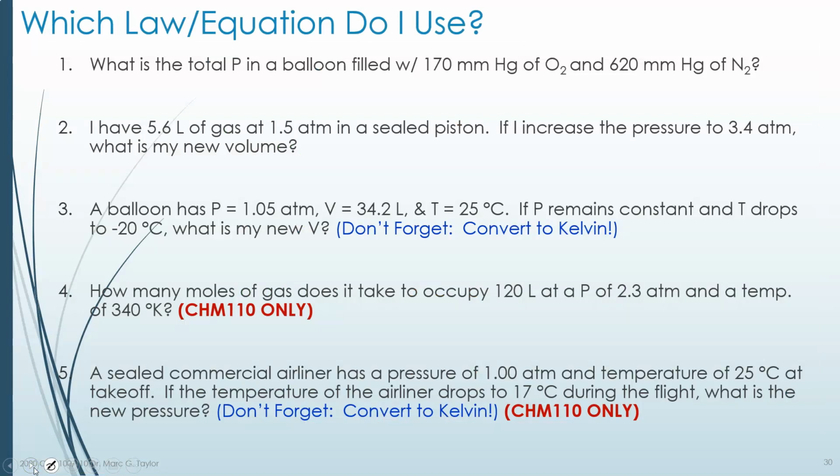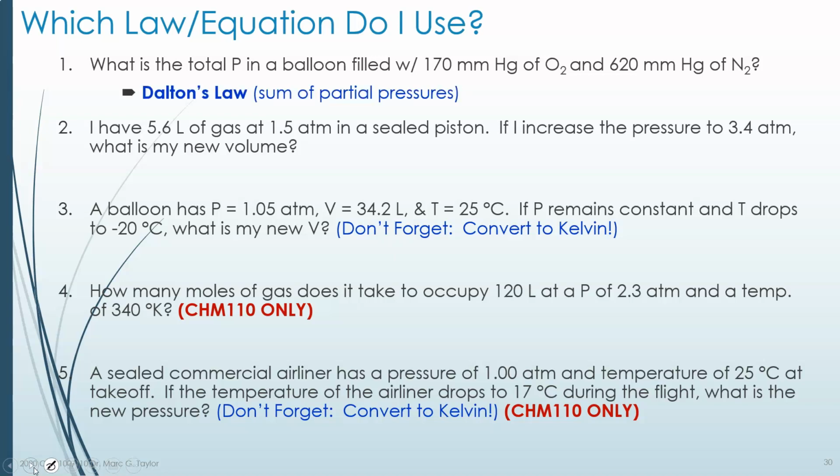What is the total pressure in a balloon filled with 170 millimeters of mercury of oxygen and 620 millimeters of mercury of nitrogen? And you'll notice the only parameter we're talking about here is pressure, and you're given 2 partial pressures. So this tells you right away it's going to be Dalton's law of partial pressures.